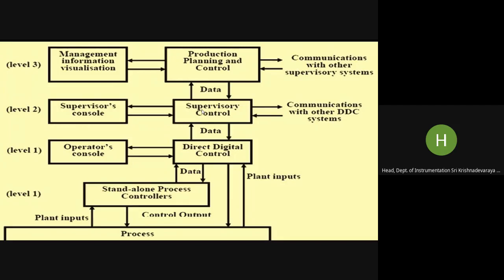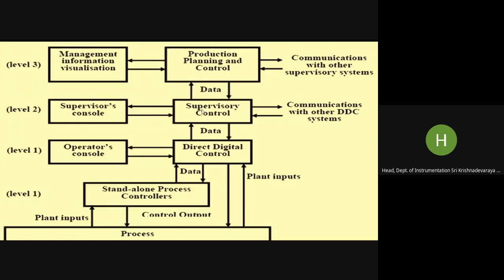Supervisory console is again a display system. It can be a huge monitor or a computer monitor. That's what we normally call a console. So you will have a supervisory console which has the P and ID diagram displayed continuously, with the live status of different control elements, whether switches, relays, motors, actuators, sensors, or valves.